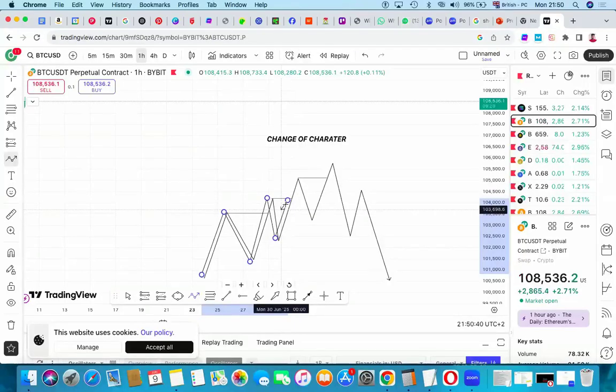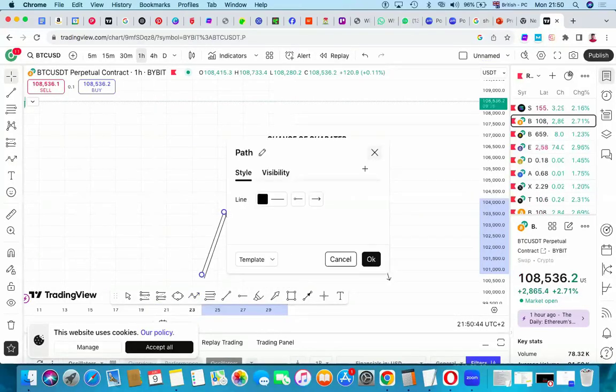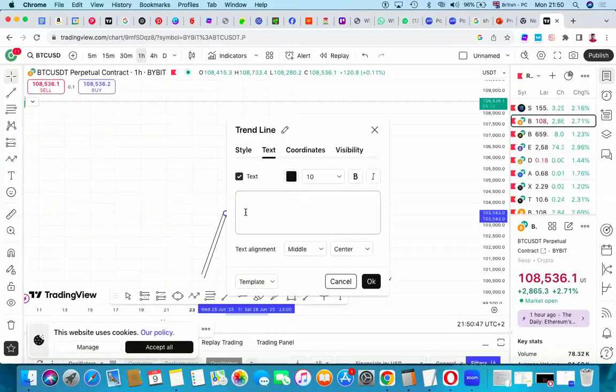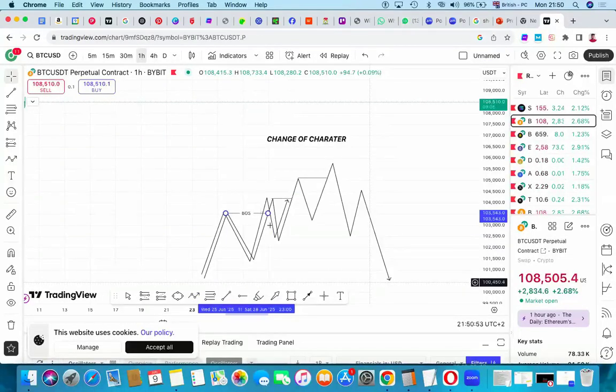So breaking structure, so on and so forth. So we have BOS, you all agree? We have also here BOS.